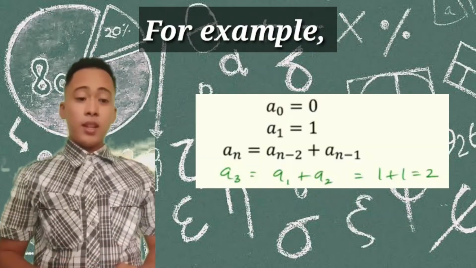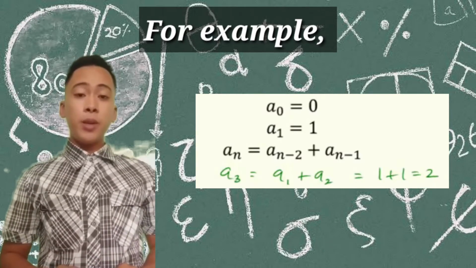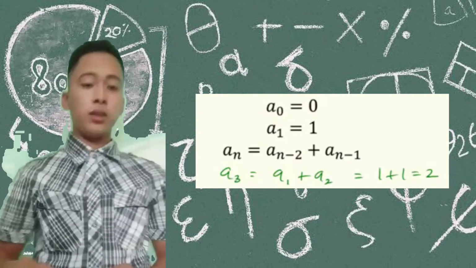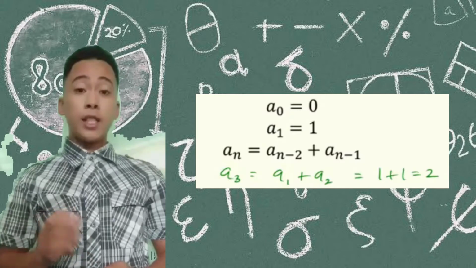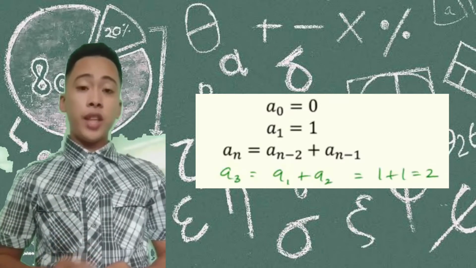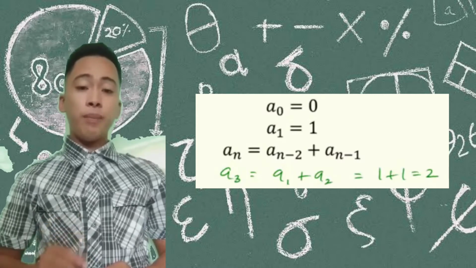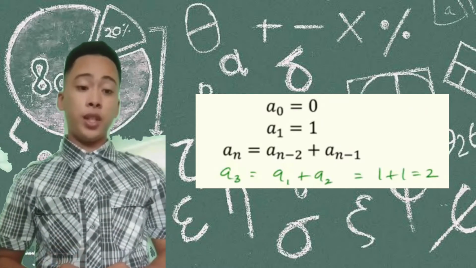For example, a sub-3, because n is equal to 3, and 3 minus 2 is 1, and 3 minus 1 is 2. A sub-3 equals a sub-1 plus a sub-2, which in this case is 1 plus 1, which equals 2, which is the fourth term in the Fibonacci sequence.